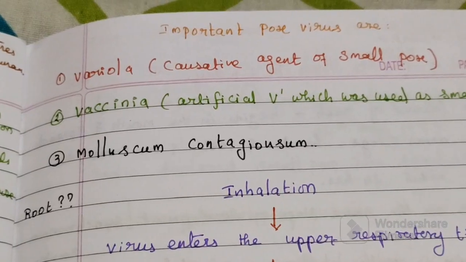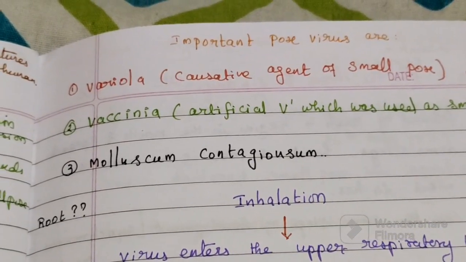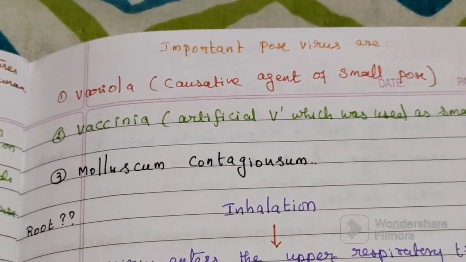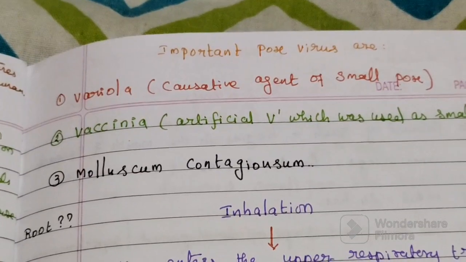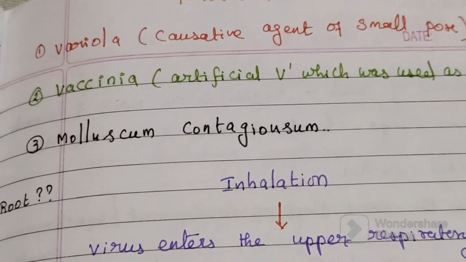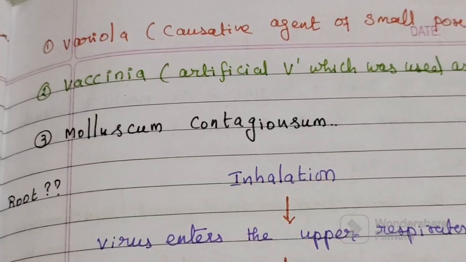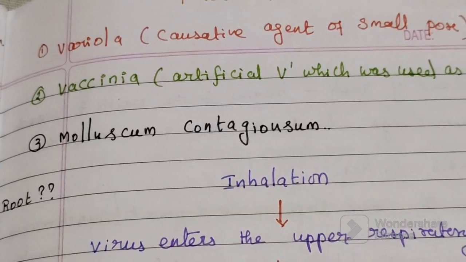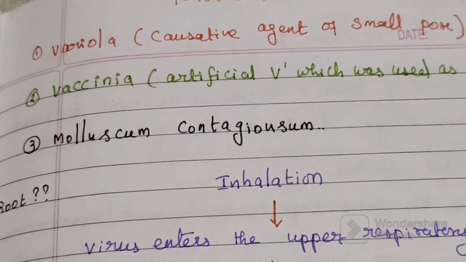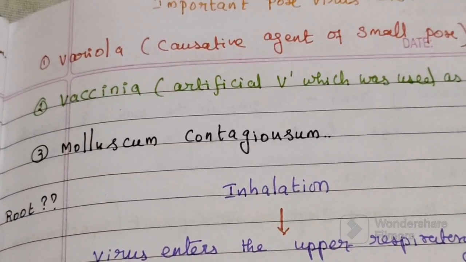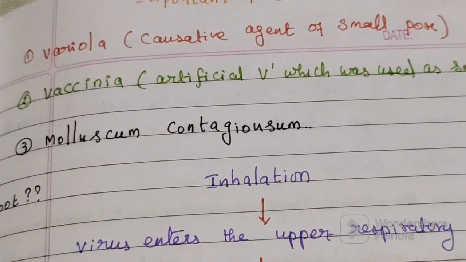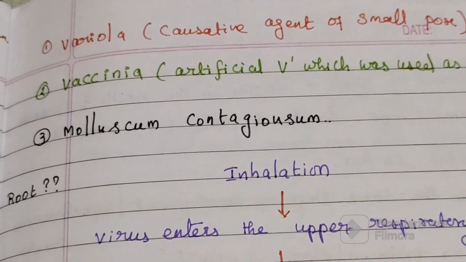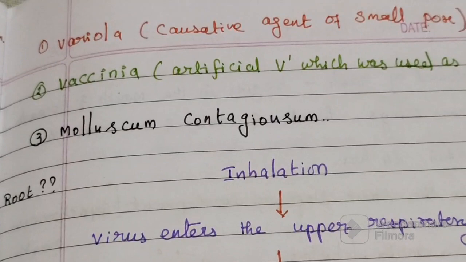It is an artificial virus that humans prepared from Variola to make the vaccine. A less virulent, attenuated form of Variola is known as Vaccinia. Why is it called Vaccinia? Because it is used for producing the vaccine. The third one is Molluscum contagiosum. We will discuss these three in detail.